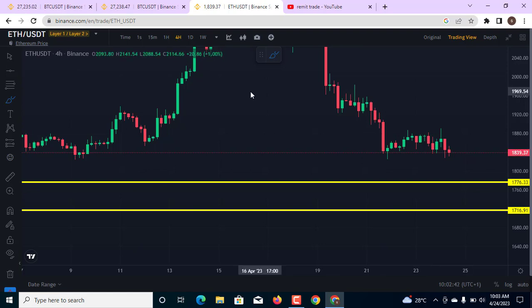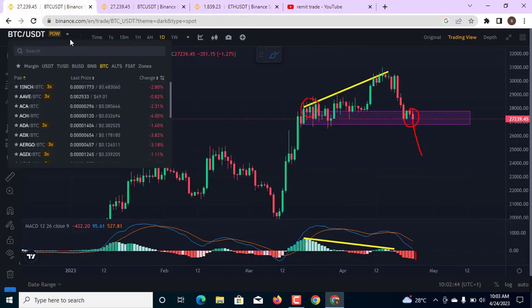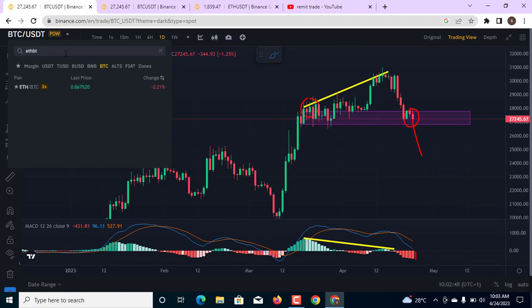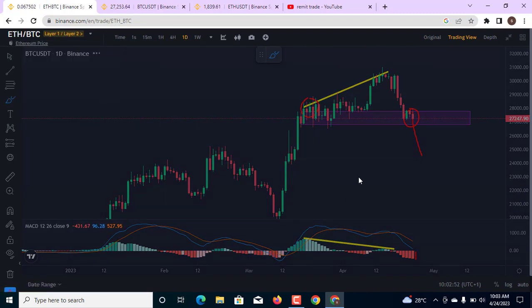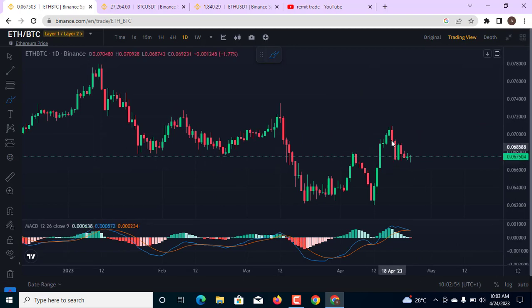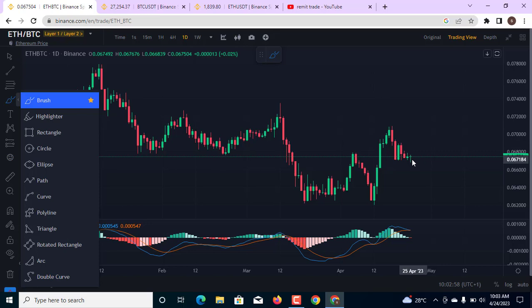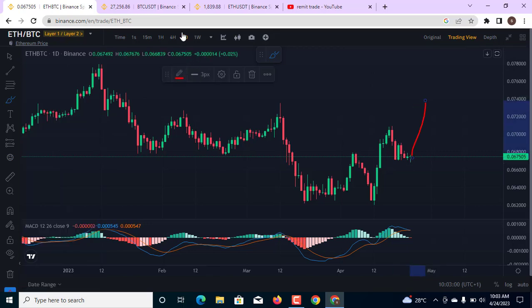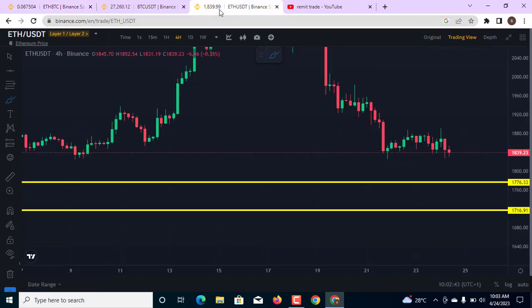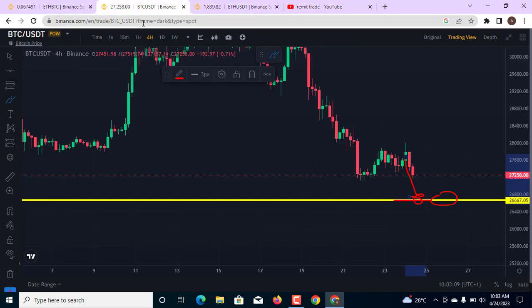On the ETH BTC chart, if you look at this chart right here, it is clear that Bitcoin is coming down. That means ETH is moving to the upside. So if you compare that to ETH USDT, ETH USDT should have a sluggish movement to the downside, while BTC USDT should have a more massive movement to the downside.